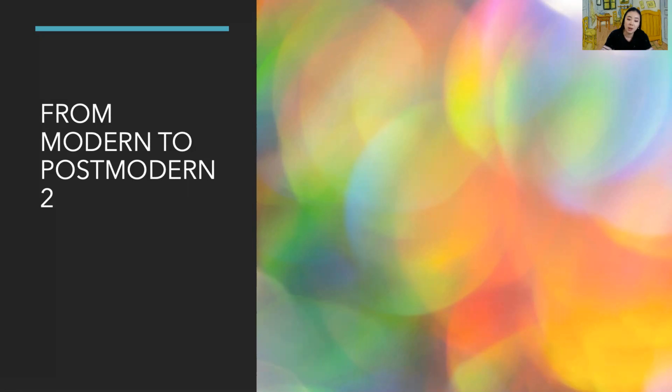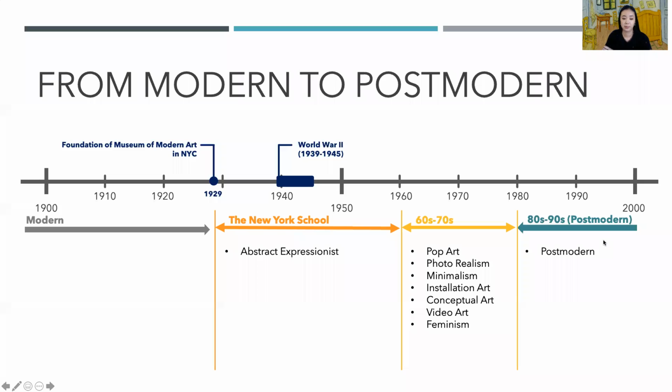So today we are going to continue to see the 60s and 70s art and postmodernism art. You learned abstract expressionism and pop art in the last class.